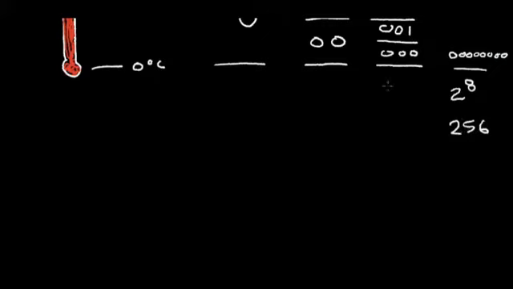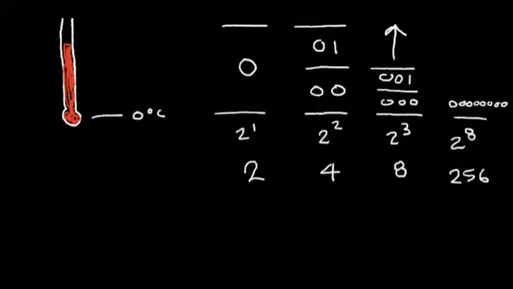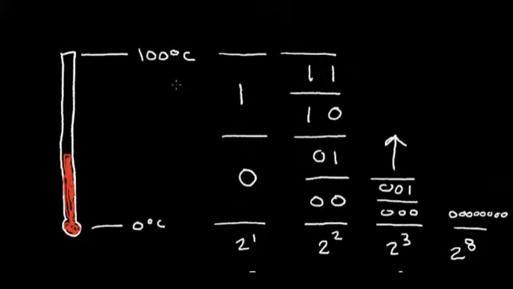With 3 bits of data, it's 2 to the cube, which is 8 different states. And with 2 bits, it's 2 raised to the 2nd power, which is 4 states. And with 1 bit, it's 2 raised to the 1st power, which is 2 states of data. So the more digital bits of data, the more accurate digital thermometer I can make.